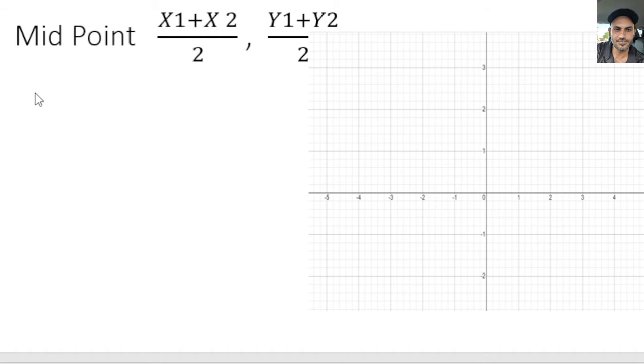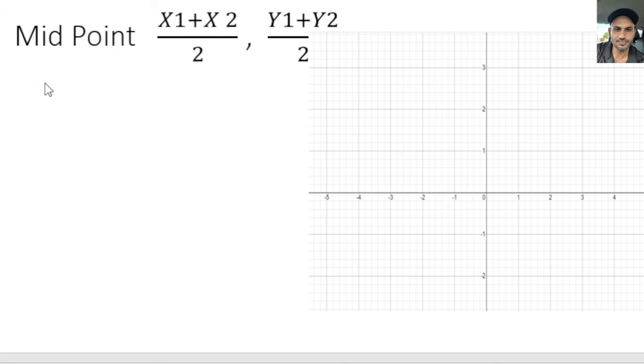So let's start with the formula. It's x1 plus x2 divided by 2, comma, y1 plus y2 divided by 2. Basically we are taking the average of the x values that are provided, and we are also taking the average of the y values. That would give us the midpoint for these 2 points.